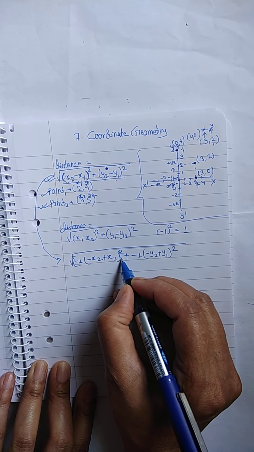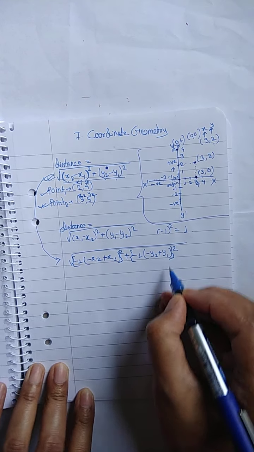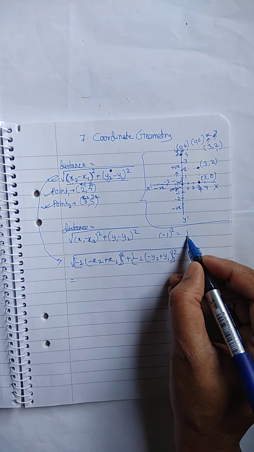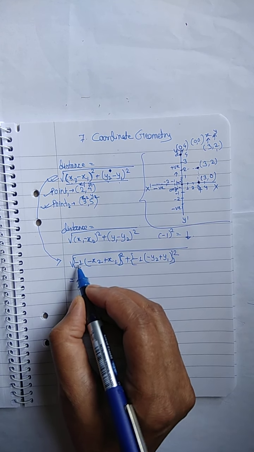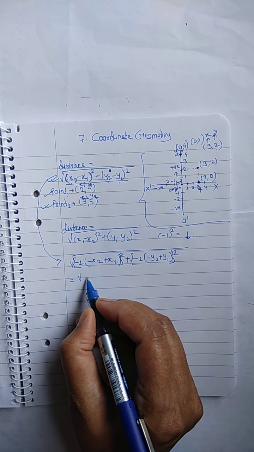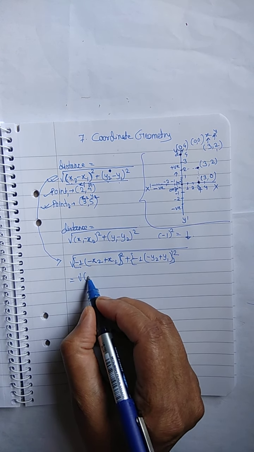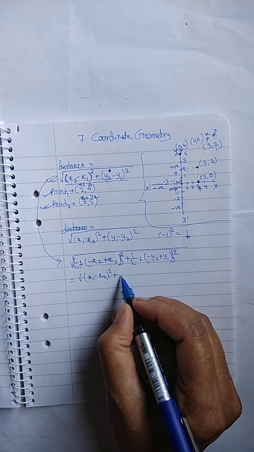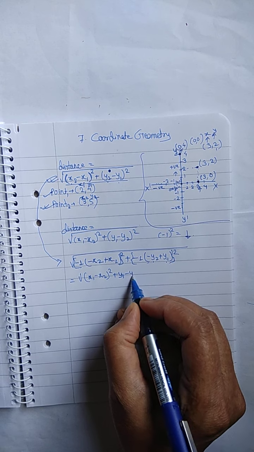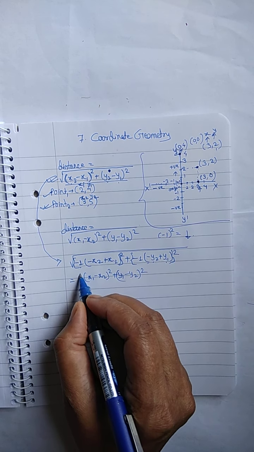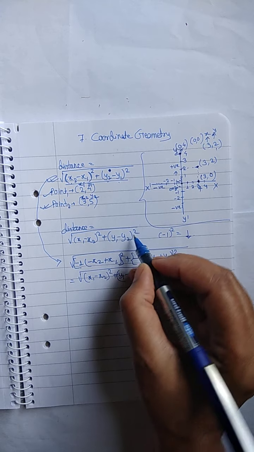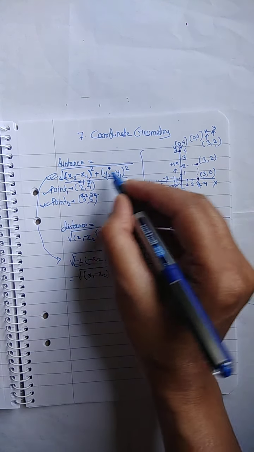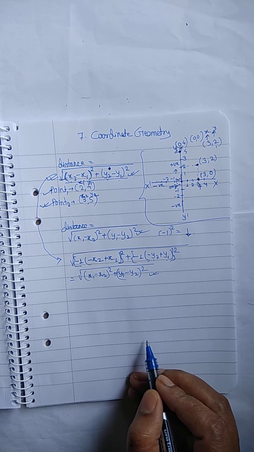This minus 1 is also in the bracket, right? We know minus 1 square equals plus 1, so we can ignore it and just write x1 minus x2 whole square plus y1 minus y2 whole square under root. That means we can write either this way or this way. It's up to your wish, but generally we write this.